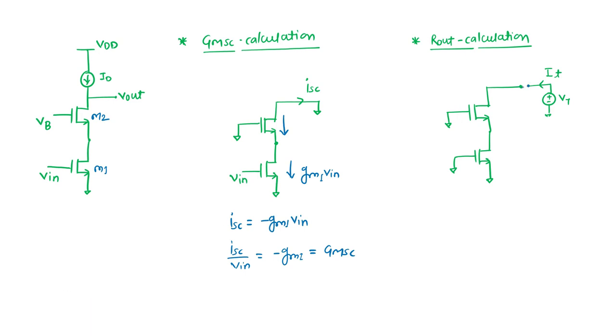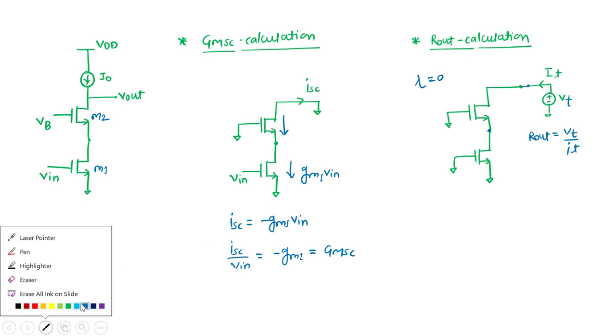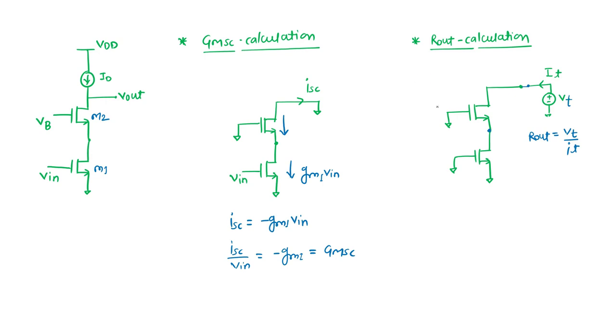Now what is R out? R out is VT by IT. For the time being, I'm avoiding lambda equal to 0, and I'm avoiding the body effect here, though we'll see the entire discussion later. So the effective resistance seen from here is RDS of 1.